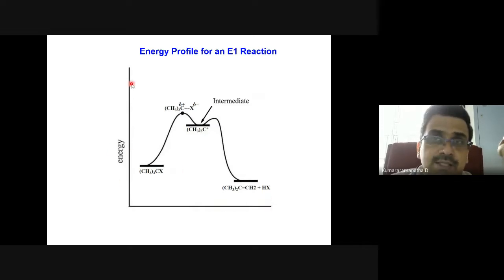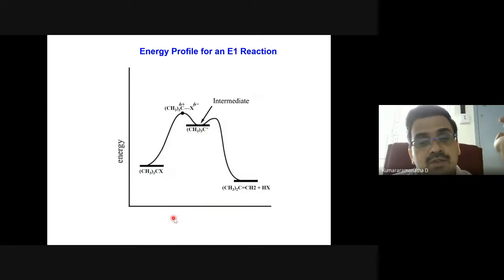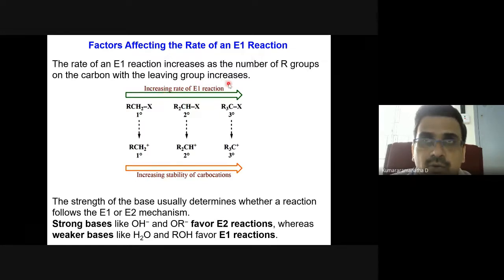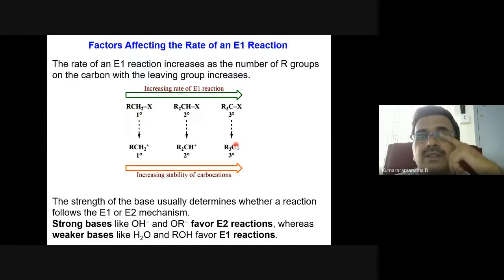Here, energy is on the y-axis, and the reaction coordinate, which I didn't mention here, should be on the x-axis. Same like the E1 reaction mechanism, if you have more R groups with respect to the leaving group, the rate of the reaction will increase. So tertiary carbons will show the highest E1 kind of reactions, where carbocations are more stable.